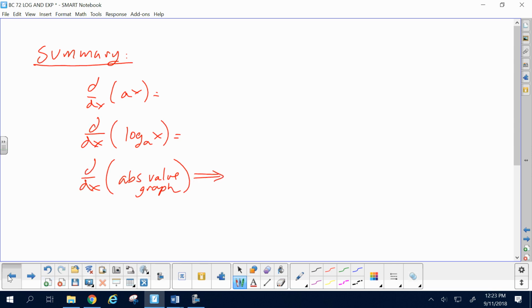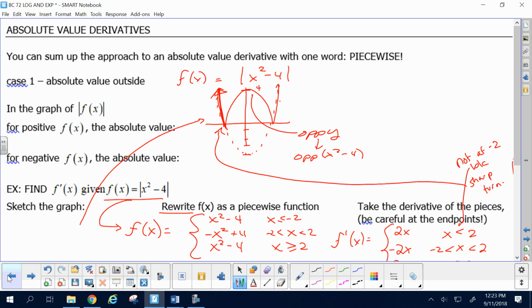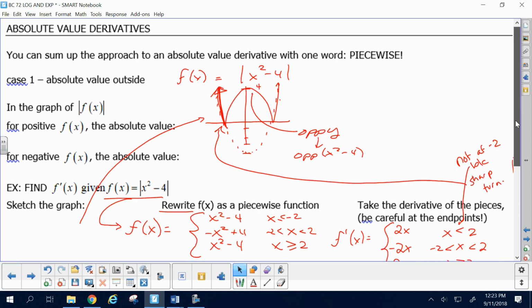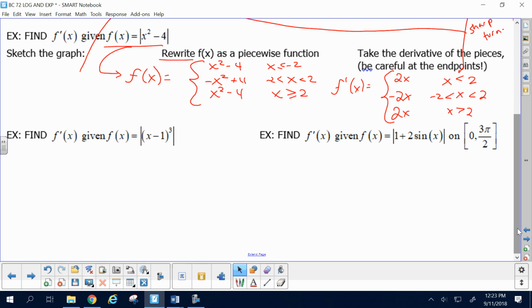I was just taking the derivative of x. I feel like it'd be continuous.